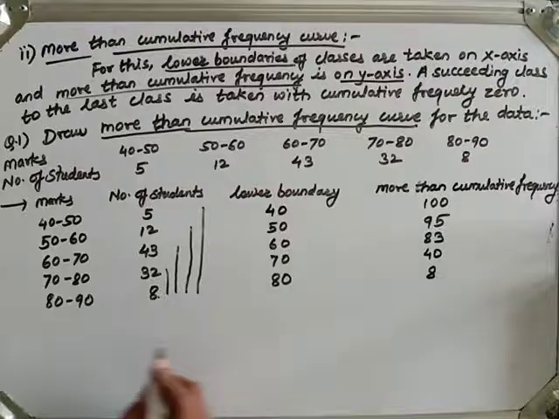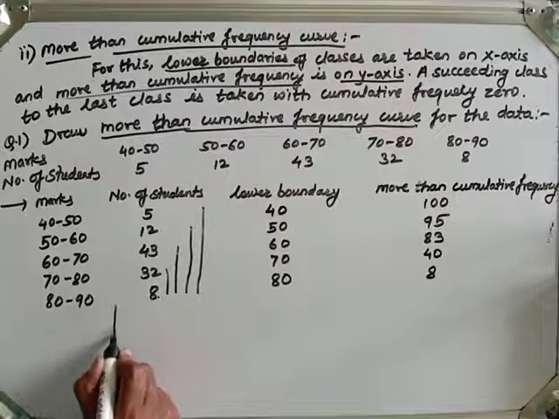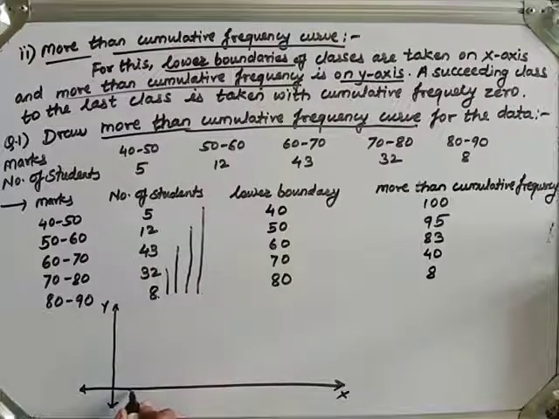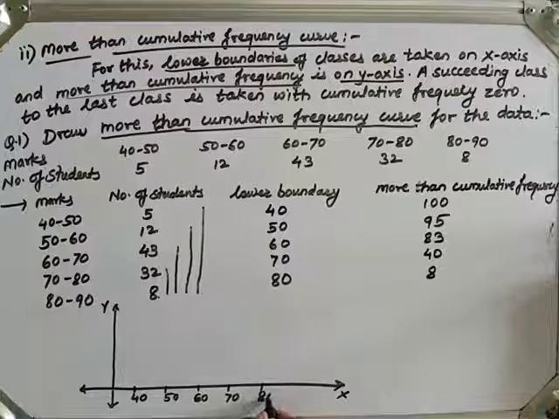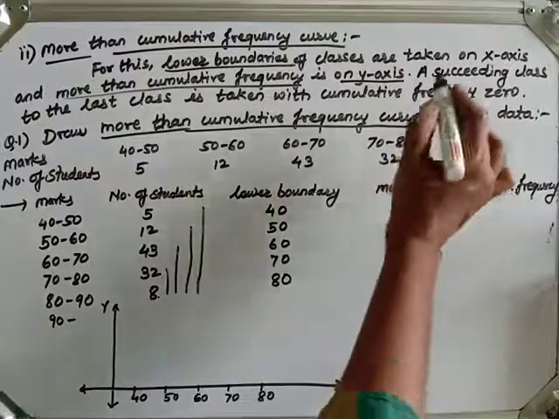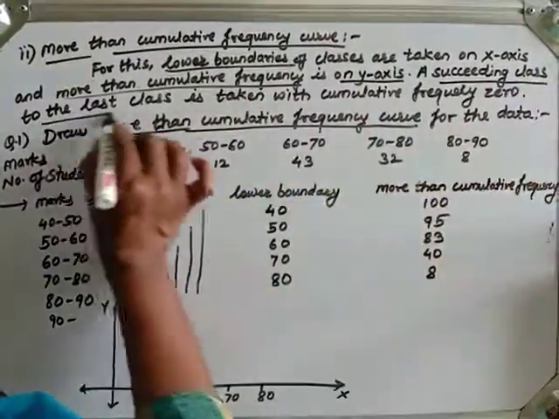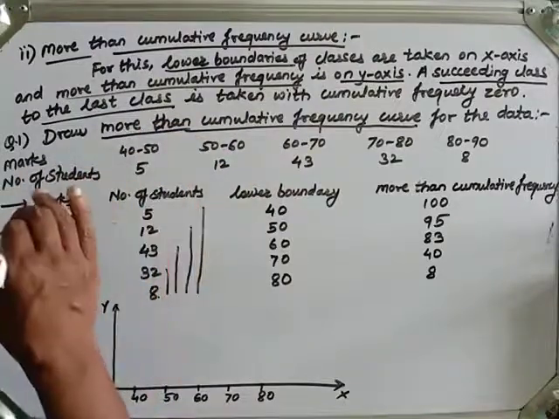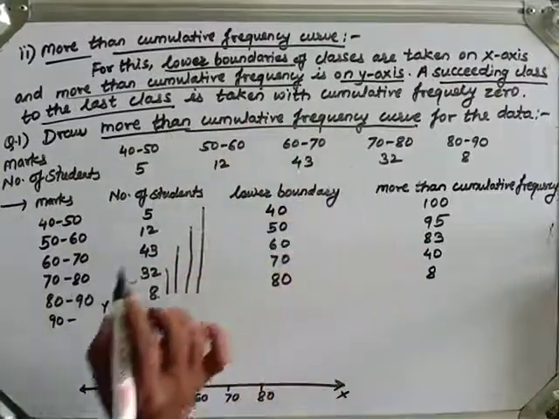Now let us plot them on two-dimensional plane. So here let me take again the lower boundaries on x-axis. So let it be 40, 50, 60, 70, 80. Now here we have to consider one more class, the succeeding class to the last class. Now in less than type we are taking the preceding class of the first class, and here the succeeding class of the last class.